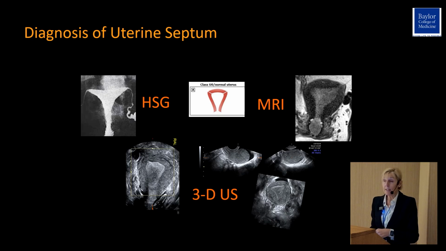The MRI is extremely useful, and it was considered the gold standard for imaging of the uterine septum up until a few years ago. However, the MRI has some caveats that we need to know.